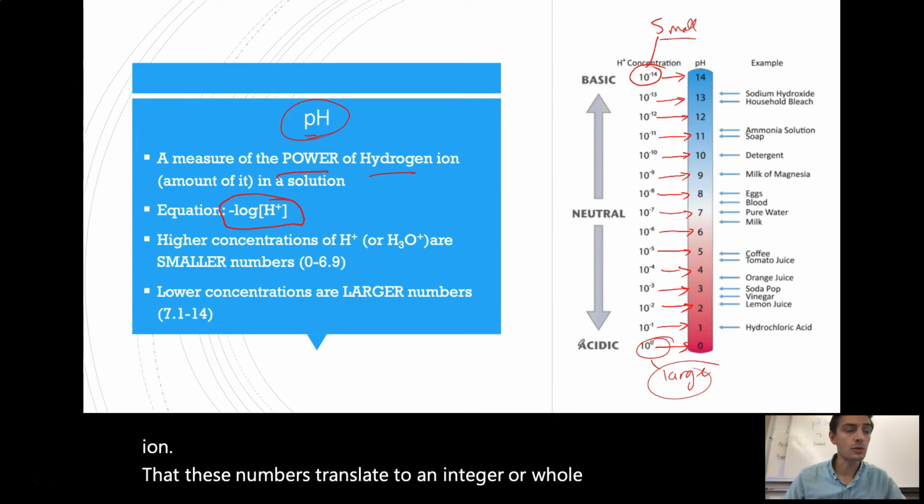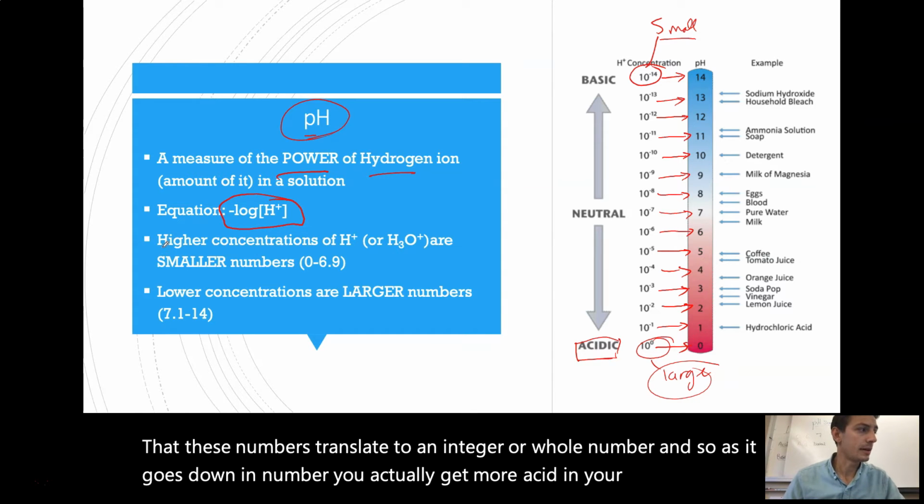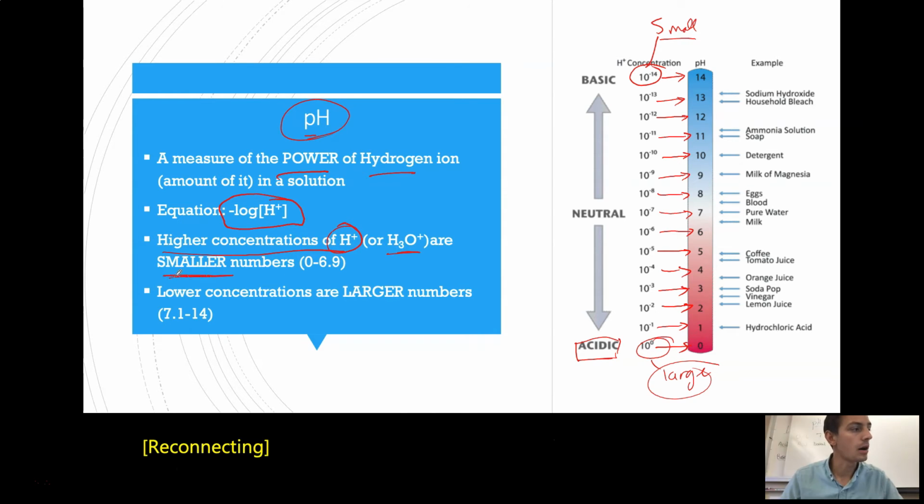And so as it goes down in number, you actually get more acid in your profile. So we think about it this way: higher concentrations of hydrogen ion, or H3O+, you can measure either, are smaller numbers on the pH scale. Lower concentrations are larger numbers on the pH scale.